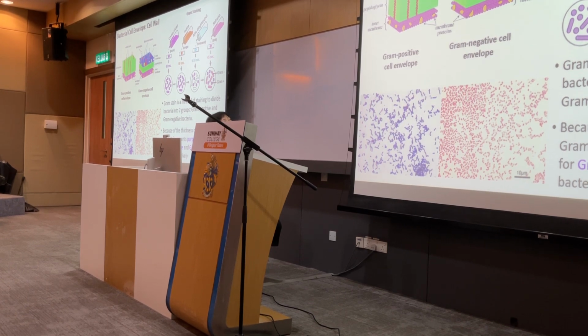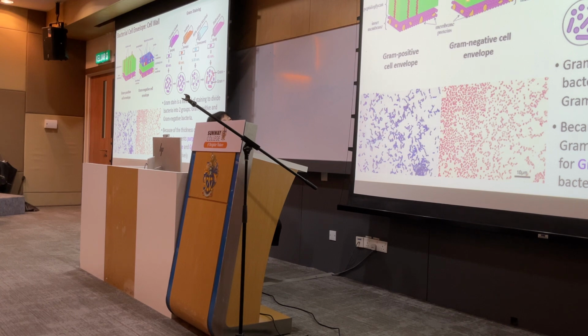Because of the thickness of the peptidoglycan, it is not easy to penetrate out of the cells. However, if you look at the gram-negative cells, the peptidoglycan is not thick, it is very thin. When you apply the ethanol, it can be washed away. And therefore, when you apply the safranin, it will be stained again.